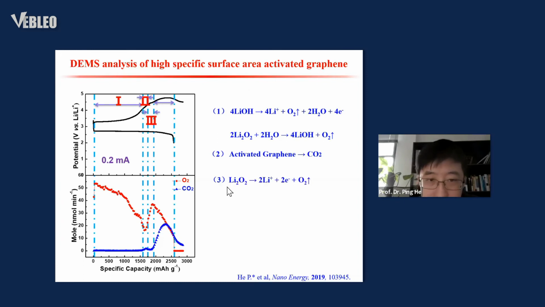And at the third step, lithium peroxide can decompose to lithium ion and oxygen. Yes, it's the third step here. And in the fourth step, the electrolyte can decompose to carbon oxide. It's the fourth step.